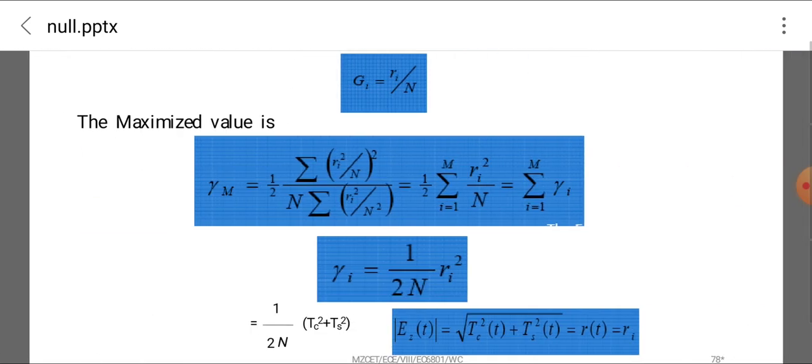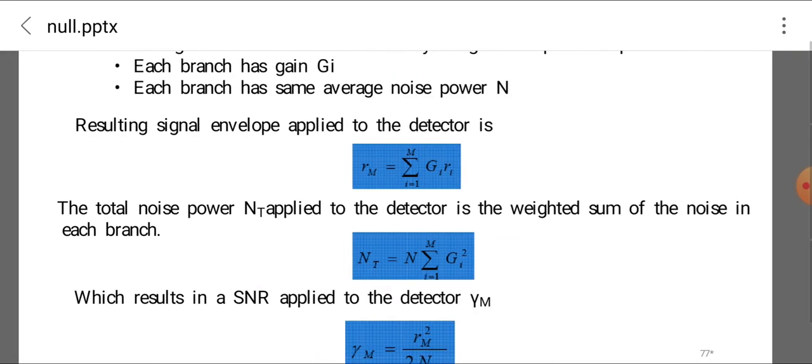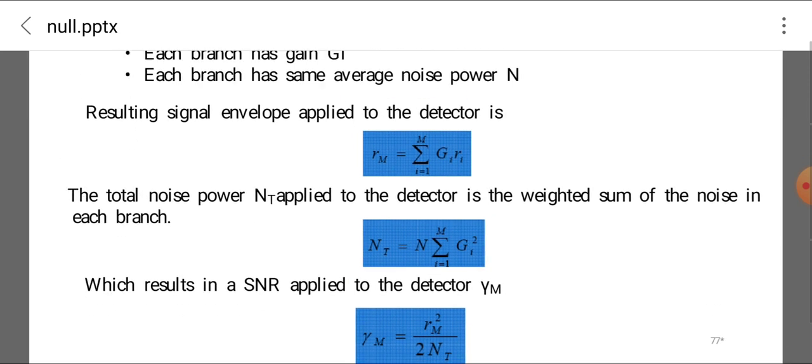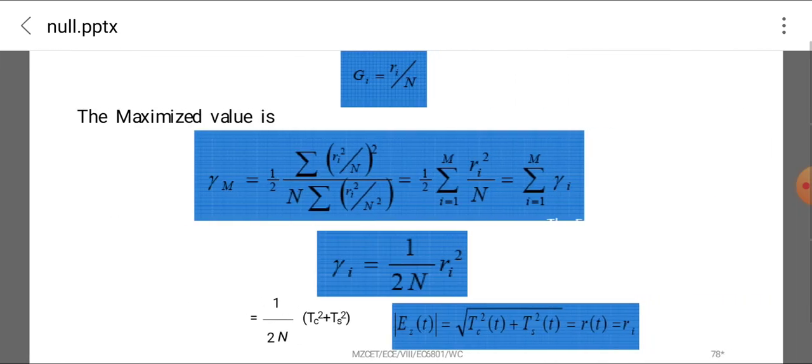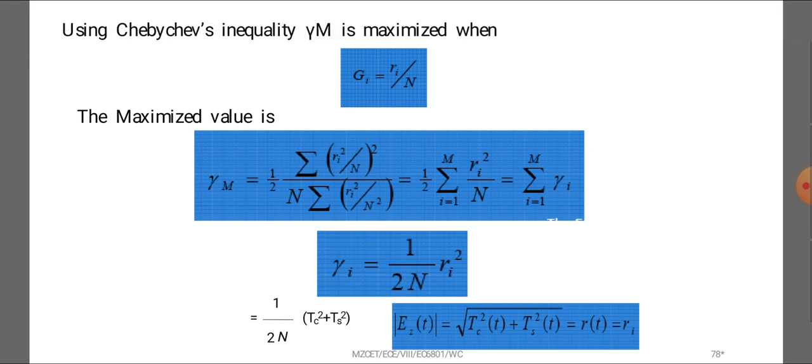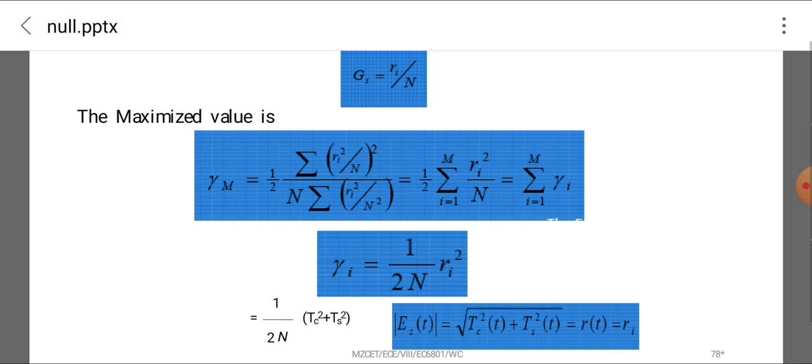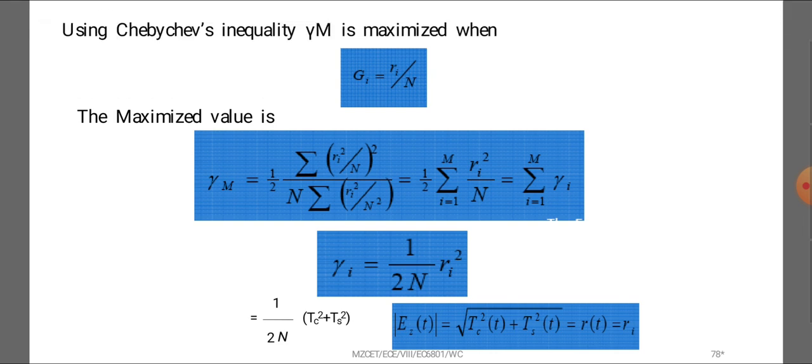Here the 1 by 2 is taken outside. Then Nt is N into summation of Ri squared by N squared. After simplification, the N squared will be cancelled. Then Ri to the power 4 divided by Ri squared will become Ri squared in the numerator, and already there is N in the denominator.